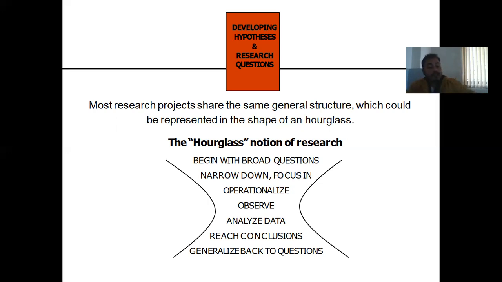In computer science, we have different areas, right? Suppose data mining, image processing, cloud computing, or different areas are there. So different things come to your mind about which area you have to choose.